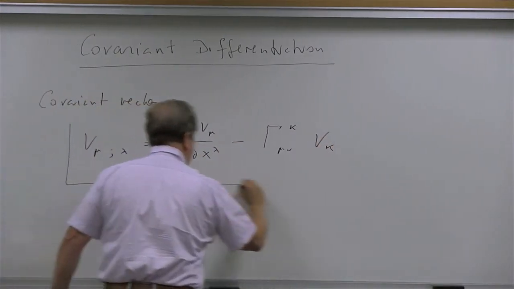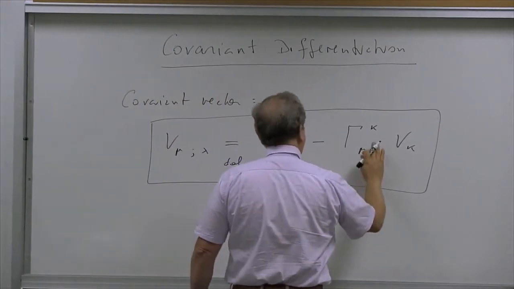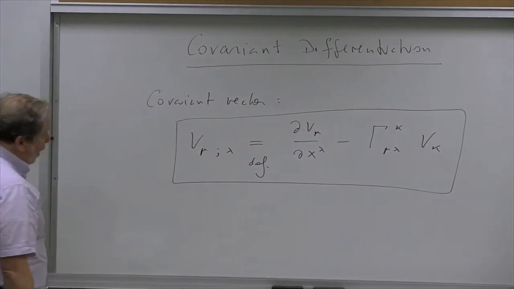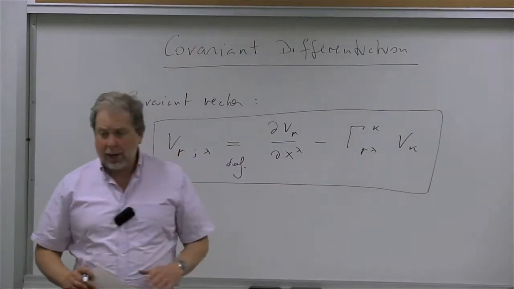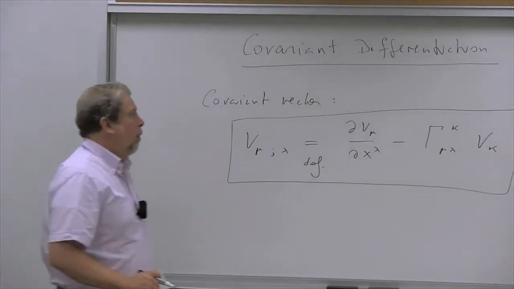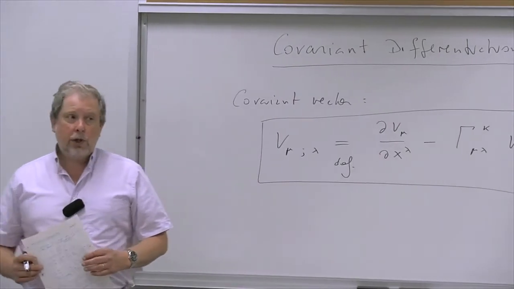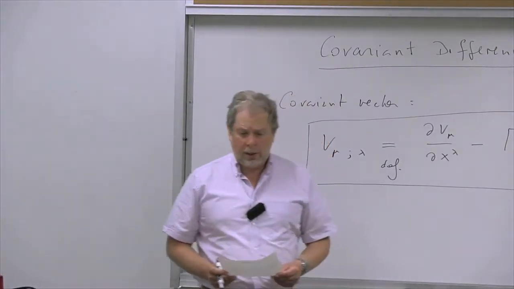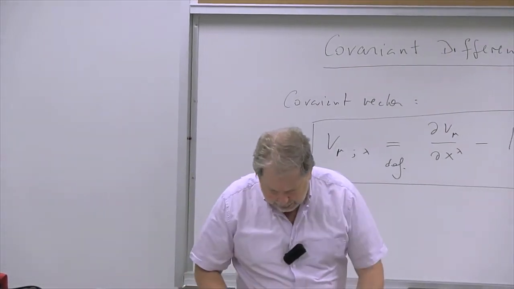So if you have a covariant vector, then you have this opposite sign. Otherwise, it's the same story. Again, this object is a tensor, which means that if it is 0 in one coordinate system, then it will be 0 in all coordinate systems, which is not true of the ordinary derivative.